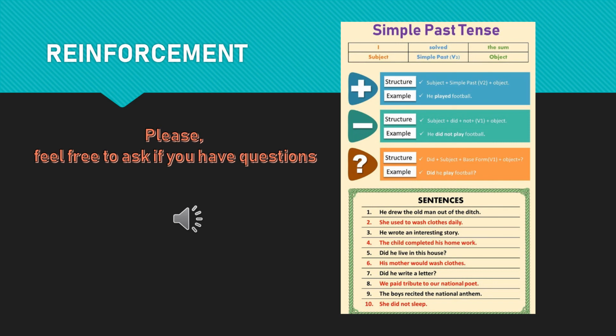He did not play football, or he didn't play football. And for the interrogative structure, we have did plus subject plus the base form of the verb plus the object. We have, did he play football? So then we have some sentences. I would like you to practice it.